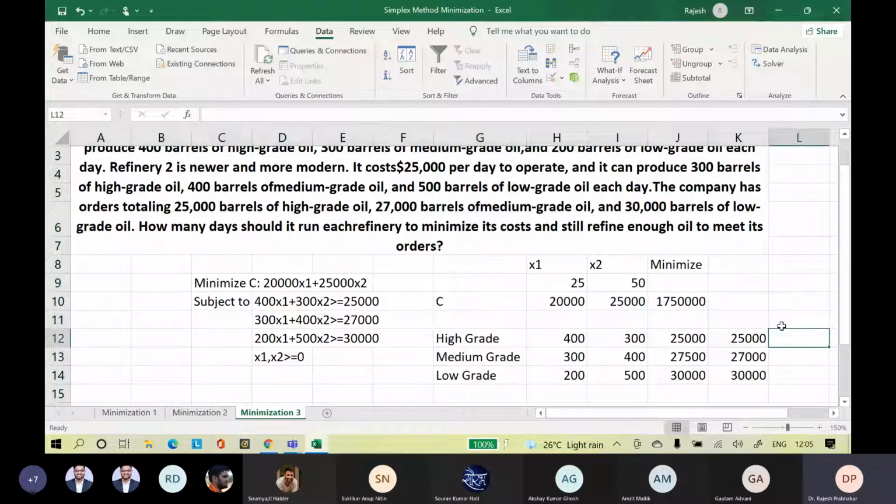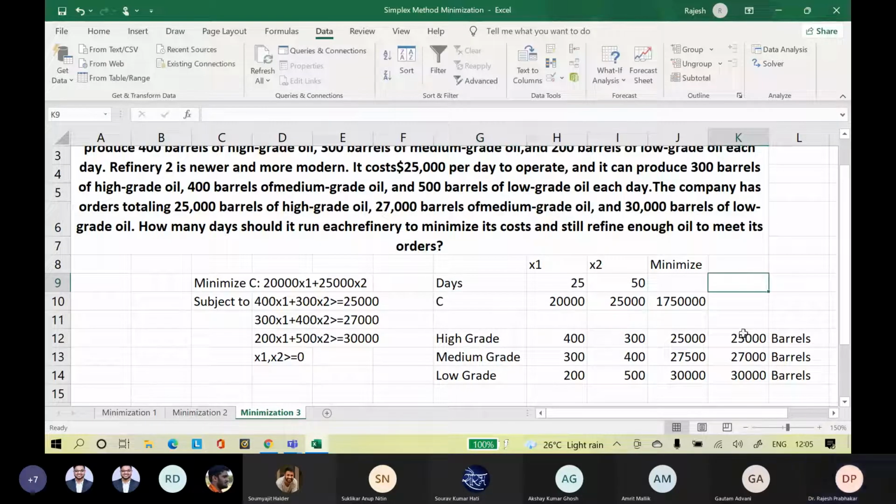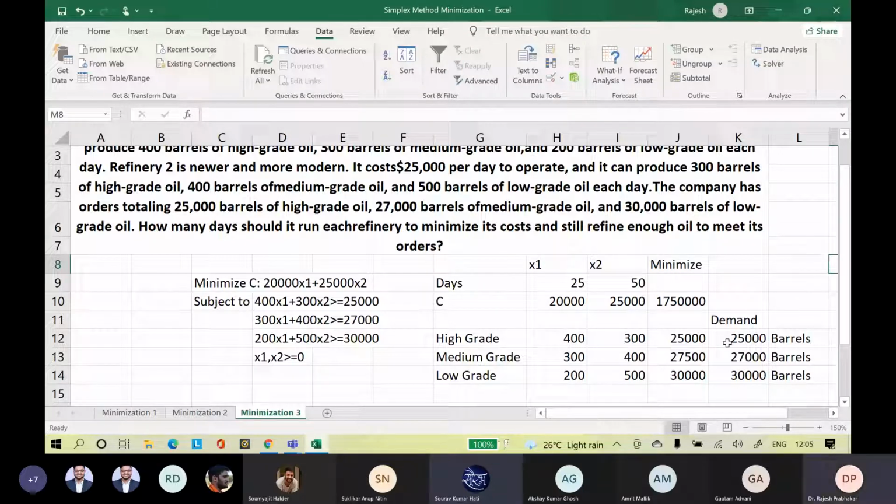And these are the barrels, the maximum barrels of high grade, medium grade and low grade that can be produced. These are the days, how many days it should run. And this is demand. So what is that in between, sir? That 28,000, 27,500, and 30,000?